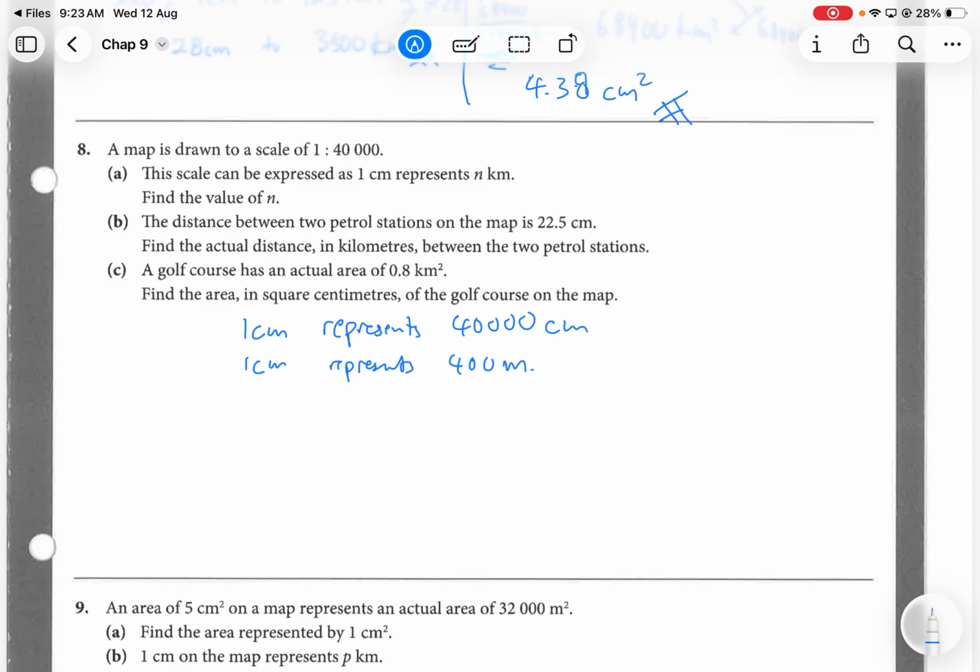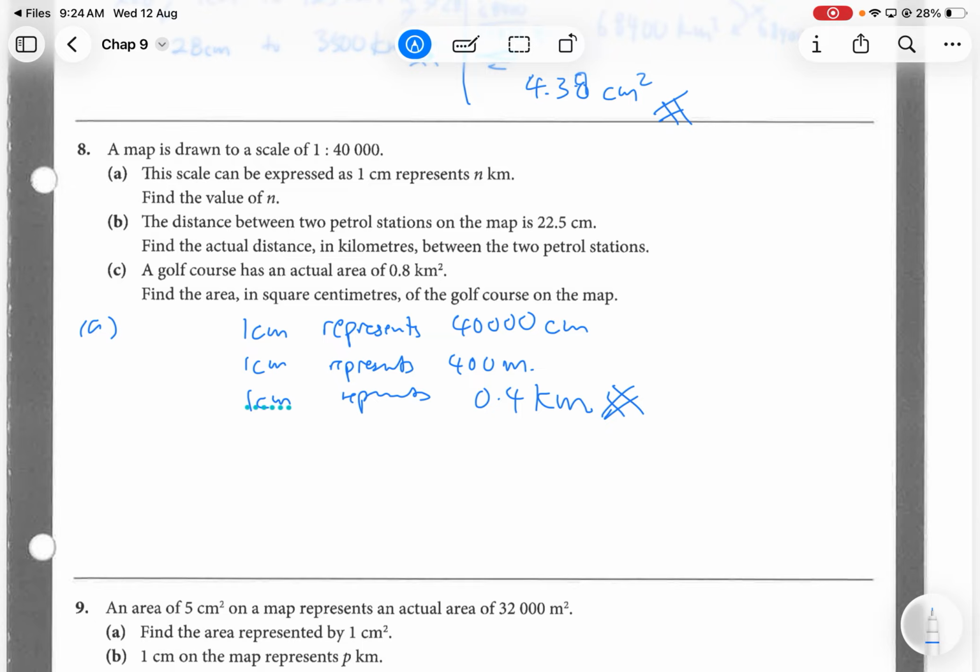So from cm to meter, I divide by 100. I take away 2 zero. Then meter to kilometer, 3 zero, because 1 kilometer is 1,000 meter. So 1 cm represents 0.4 kilometer. Part A done.